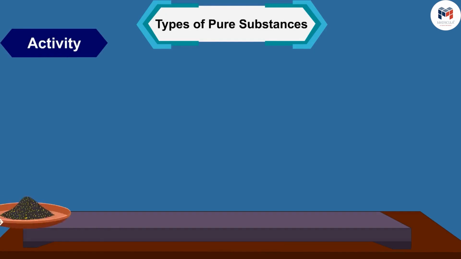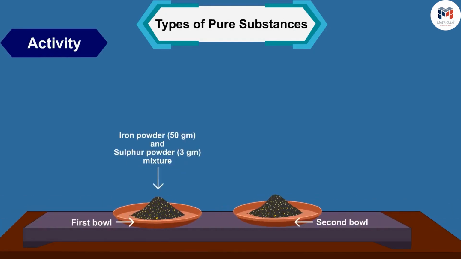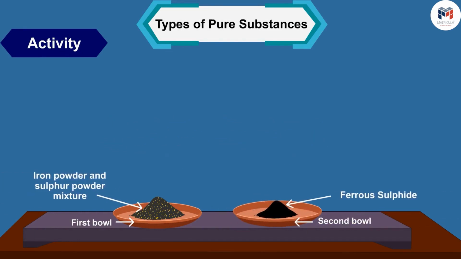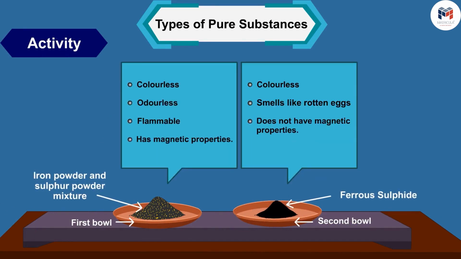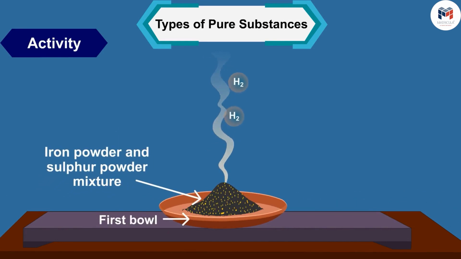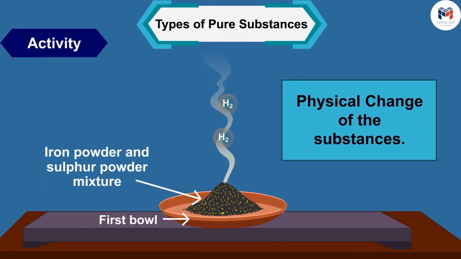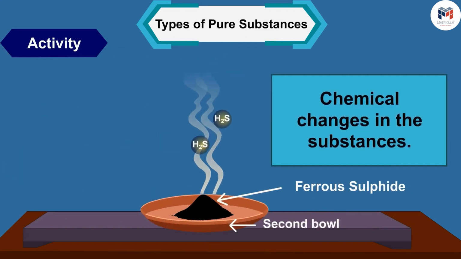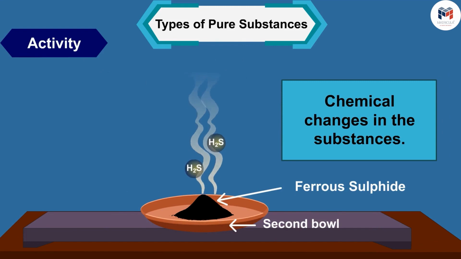Although initially the given substances were similar, the materials obtained in both the cups showed different properties. Why did this happen? This happened because the action done in cup 1 resulted in the physical change of the substances, while the action in cup 2 resulted in chemical changes in the substances.